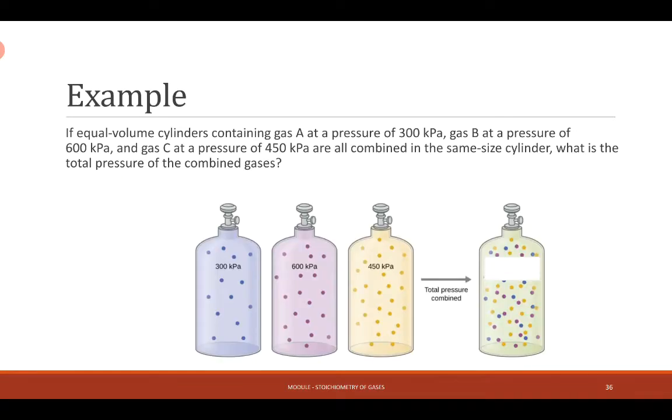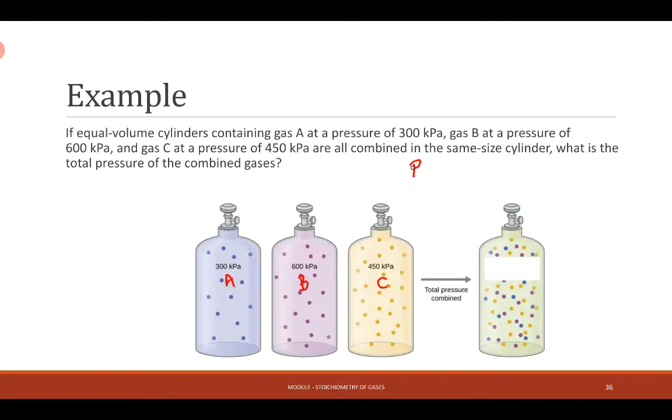Here's an example of how that works. Here are equal volume containers. There's gas A at a pressure of 300 kilopascals, gas B at 600 kilopascals, and gas C at 450 kilopascals. And then somehow they're all combined together into one container together, and we're asked to find the total pressure.